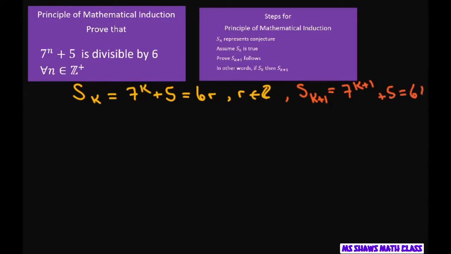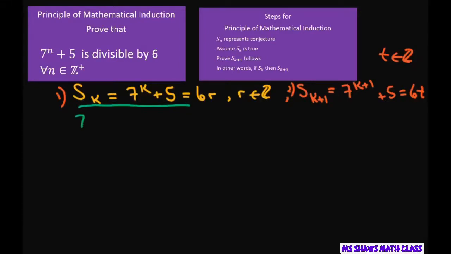So we're going to make this one look like this one, and this t is an integer. The way we're going to do it is multiply both sides through by 7.